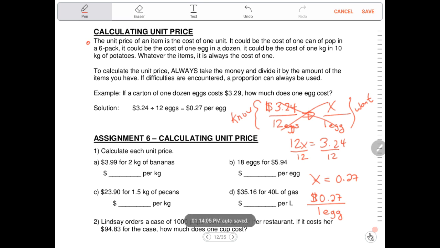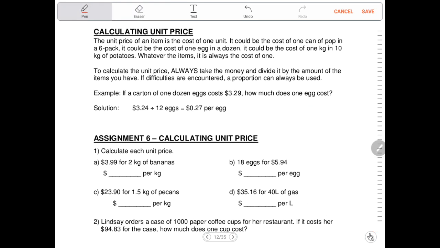Let me erase everything here. It's very straightforward. Let's say you buy 2 dozen donuts, and let's pretend it's $9.50 for 24 donuts. Now someone asks you, what's the unit price?